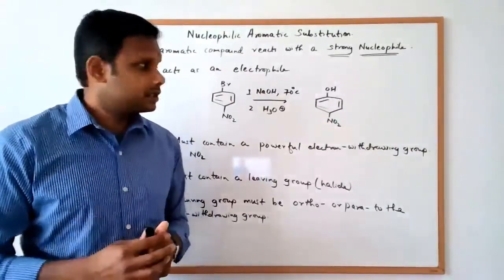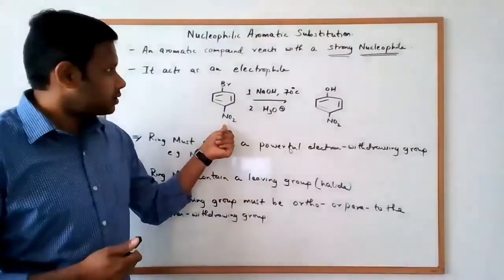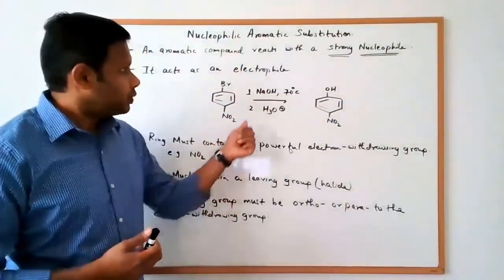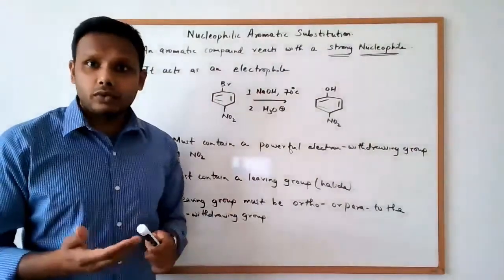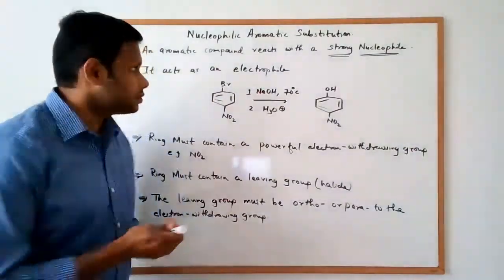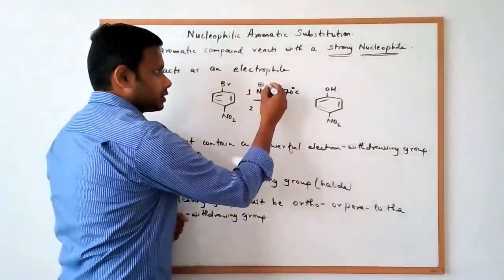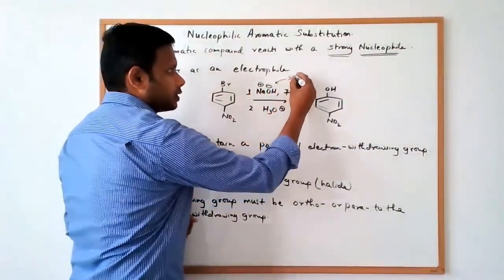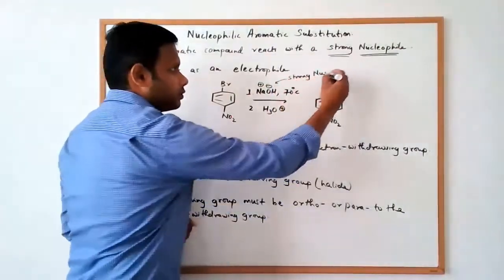So a very classic example of this reaction is captured here, which is the reaction of para-bromonitrobenzene with sodium hydroxide. Now going back to substitution reactions, recognize that sodium hydroxide is an ionic compound, and so this hydroxide here is a strong nucleophile.